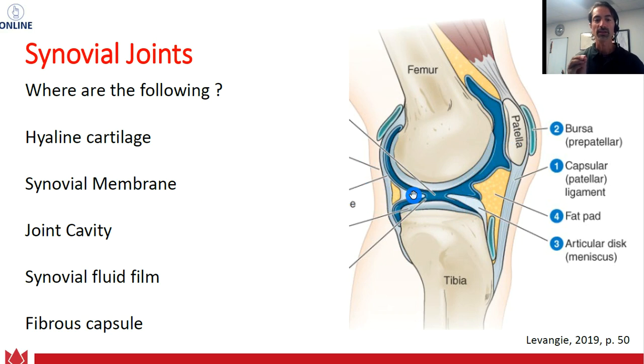It's almost thick like a syrup type material, and it does change with aging. We'll talk about that. But you have this basic oil, or this fluid, this synovial fluid within the joint cavity. Now, between the femur and the tibia, you also notice that there's fibrocartilage, and so we know that structure is the meniscus.